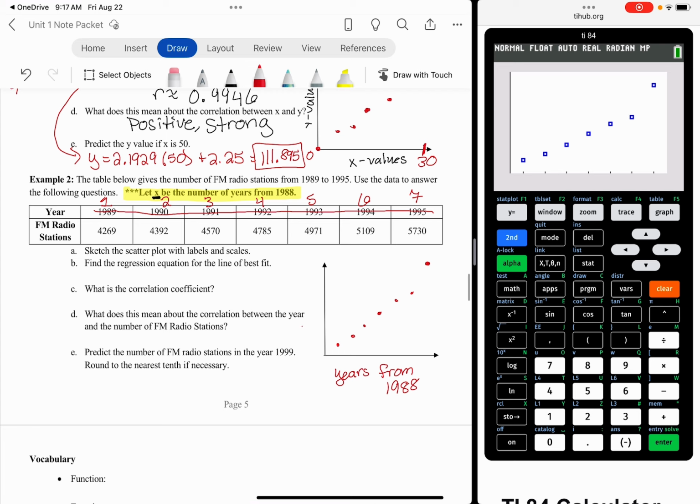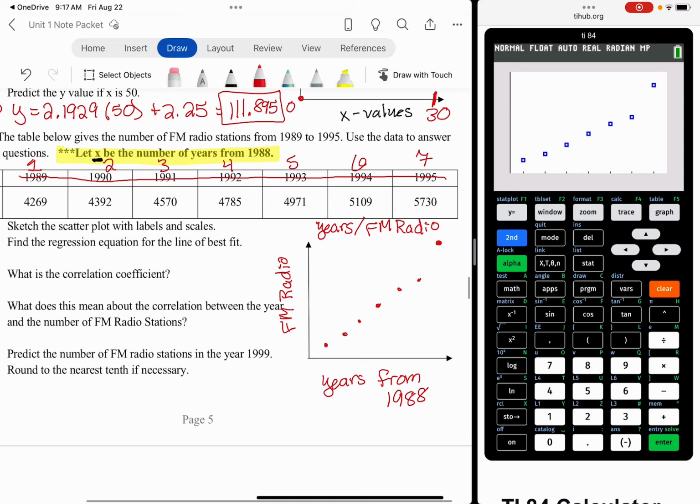This one is our FM radio stations. I'm just going to put FM radio. And for my title, I'm going to put years / FM radio. If you want to write correlation, you can. That's not required. You just need to make sure it has a title.